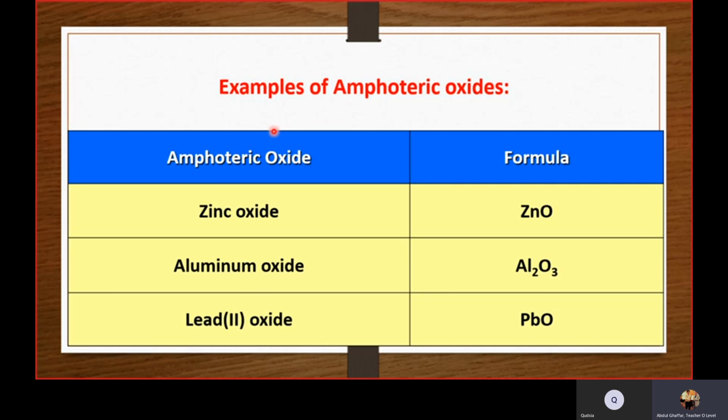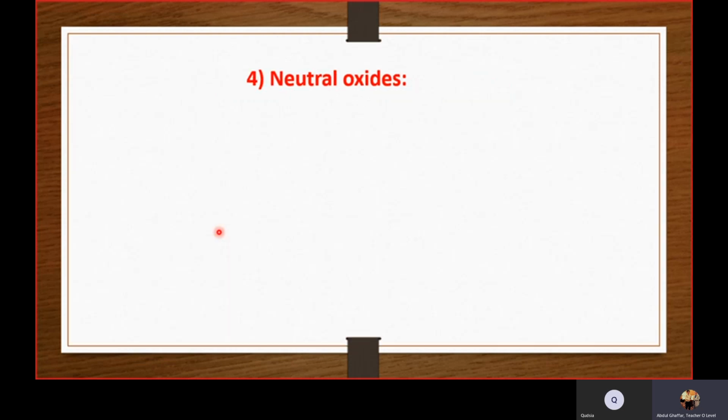When they react with acids, they will be like bases. When they react with bases, they will behave as acids, right? They have the dual nature of acidic oxides and basic oxides.